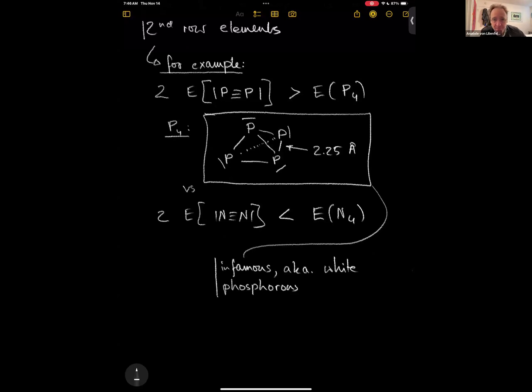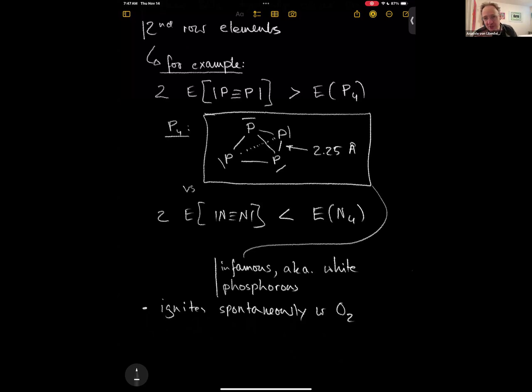And it is sadly classified as a chemical weapon. So you should be very careful with this stuff. It ignites spontaneously with oxygen.